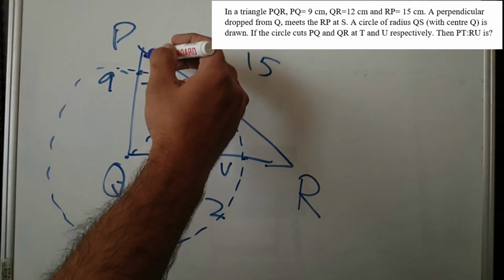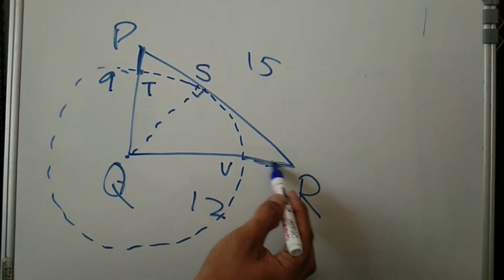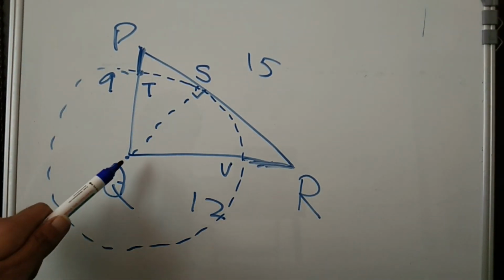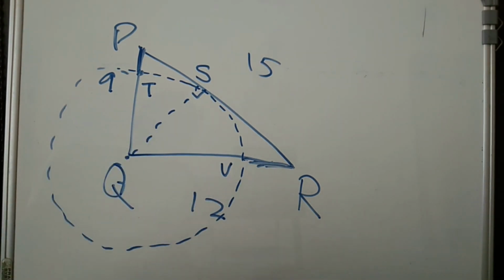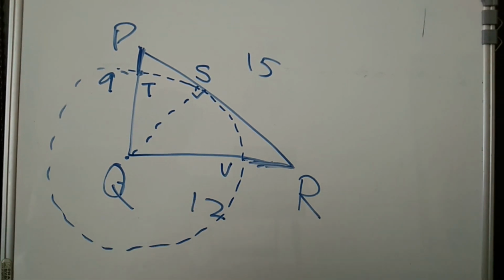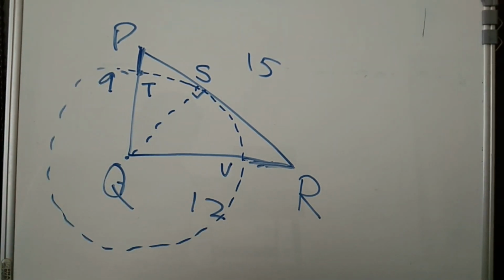So PT, this is this length, PT is to RU, this length. I have to find the ratio. Okay, so what I can see here is QS is the radius, which is equal to QU. QU will also be radius, and which is equal to QT. QT will also be radius.